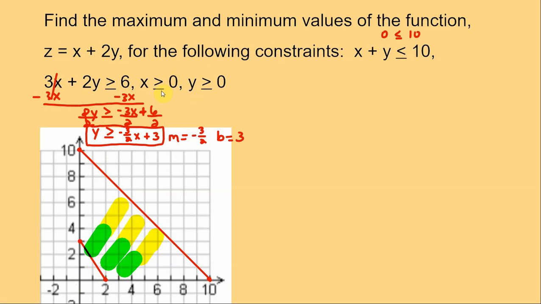Now the last two constraints are x is greater than or equal to 0 and y is greater than or equal to 0. So this is going to be on our axes, just like any horizontal or vertical line. If it's just an x or just a y, we graph it by saying x at 0.